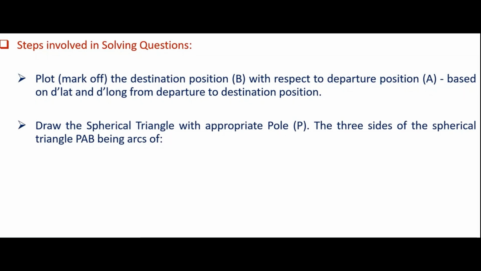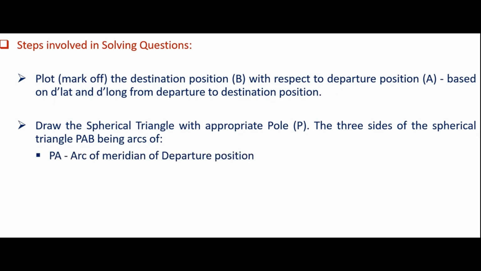Now, the appropriate pole here means the pole towards which the great circle track shall present its convex part. We have already dealt with which pole the convex part would be presented towards, and to whichever pole we expect the convex part to be presented, that shall be the appropriate pole as far as making this diagram is concerned. Then we get a spherical triangle whose vertices are the pole, position A and position B, the PAB triangle.